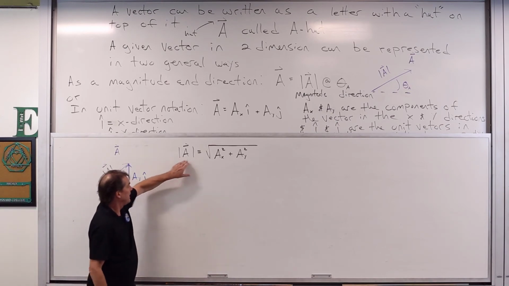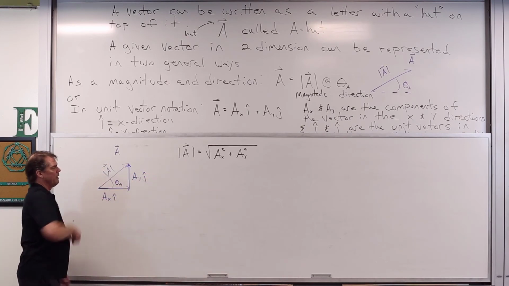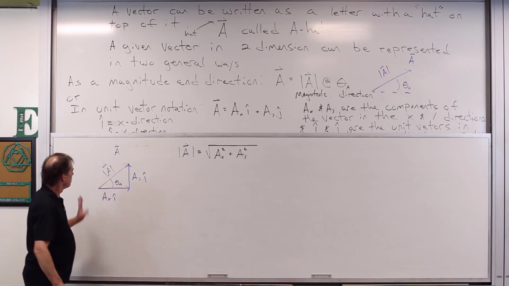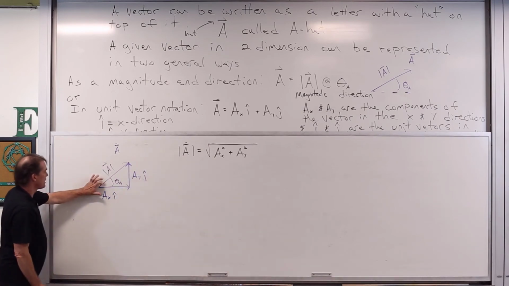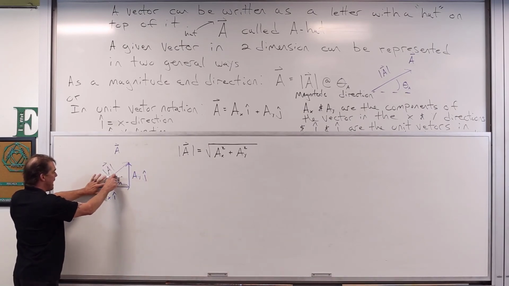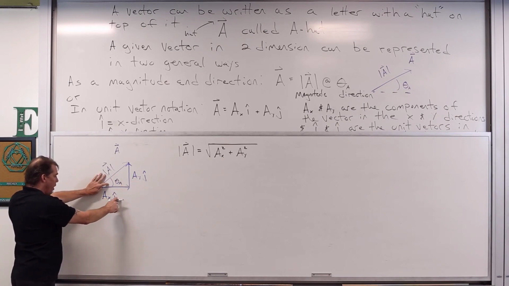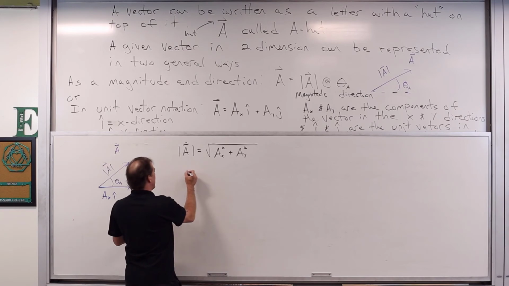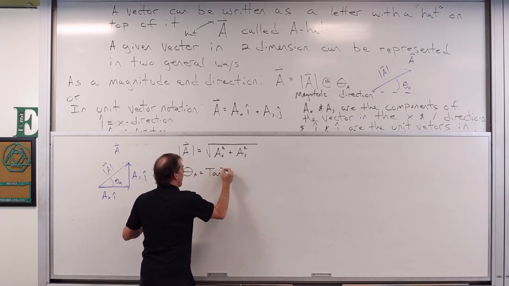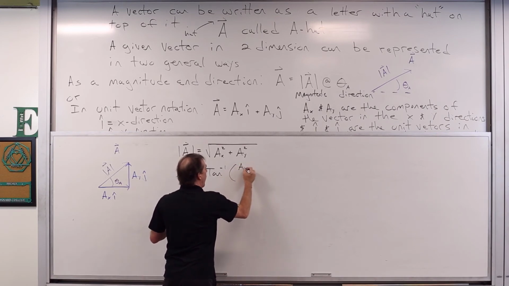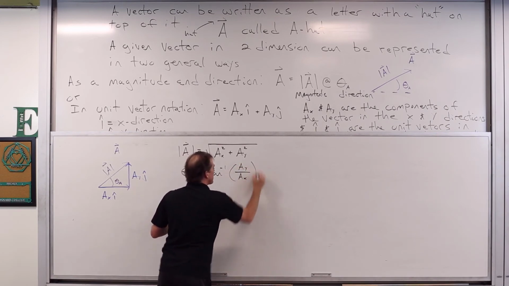So this is how we get the magnitude based upon the components of the vector in 2 dimensions. And what else could we do? We could notice that the tangent of theta sub a would be opposite over adjacent, which is a sub y over a sub x, which gives us that theta sub a is equal to the arctangent of a sub y over a sub x.